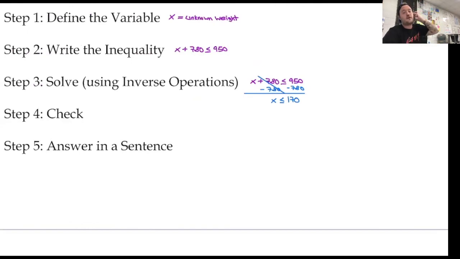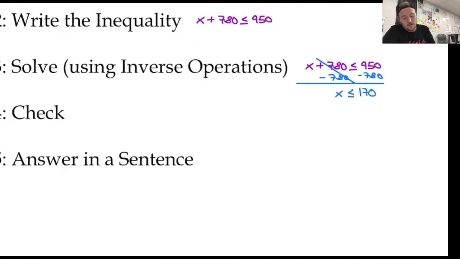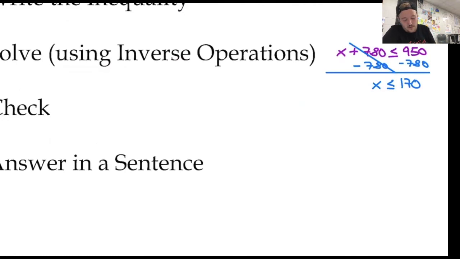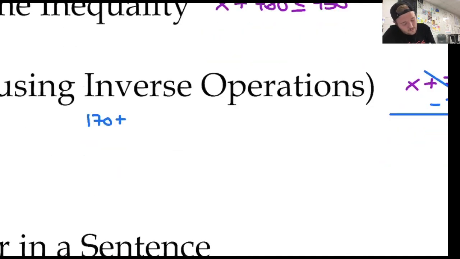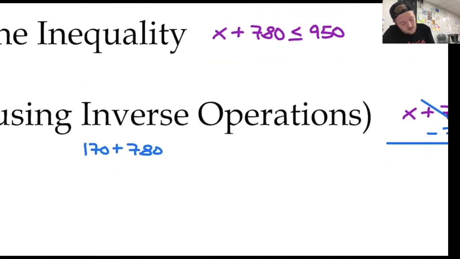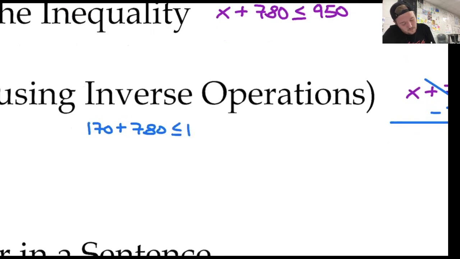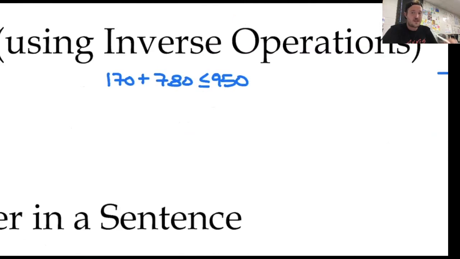So here's the thing. Once you get there, now you got to actually check it. So I'm going to take that 170 and plug it in. So 170 plus 780 less than or equal to 950. You just want to check to see if this is going to give you a true or a false statement.